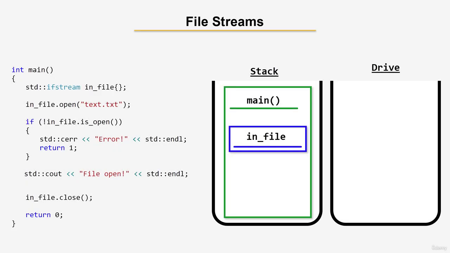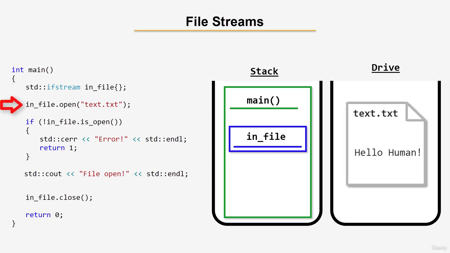A quick example on the file stream. Again, we will run some programs on this in upcoming lectures, but just to demonstrate here the steps involved. In the main function, we are going to instantiate the particular class type, in this case an ifstream class. We instantiate that. Then we can either use the constructor or the open function and provide the name of the file, in this case text.txt, just some file name.